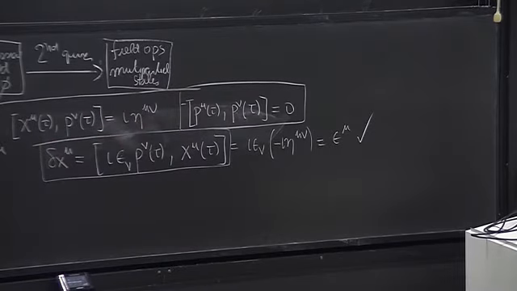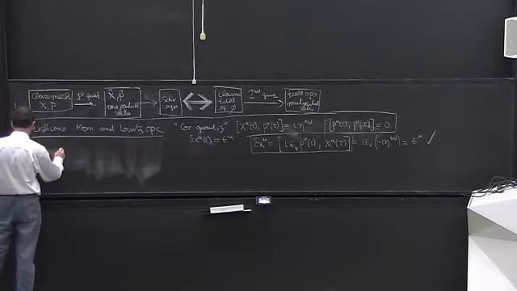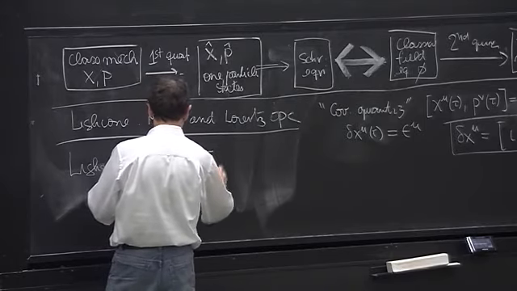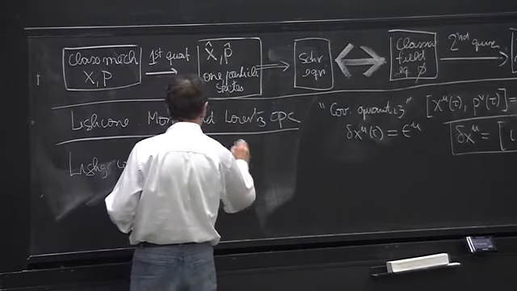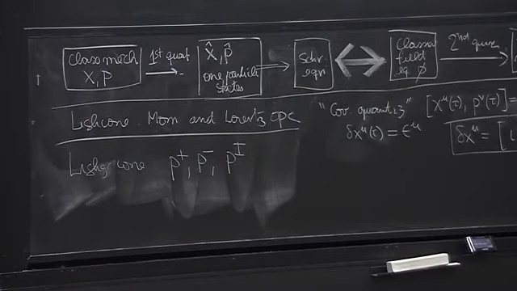So this is fine. Now we have in the light cone operators p plus, p minus, and p i. And none of them is time dependent, no time dependence. That's why I don't write it. The Heisenberg operators are not time dependent.